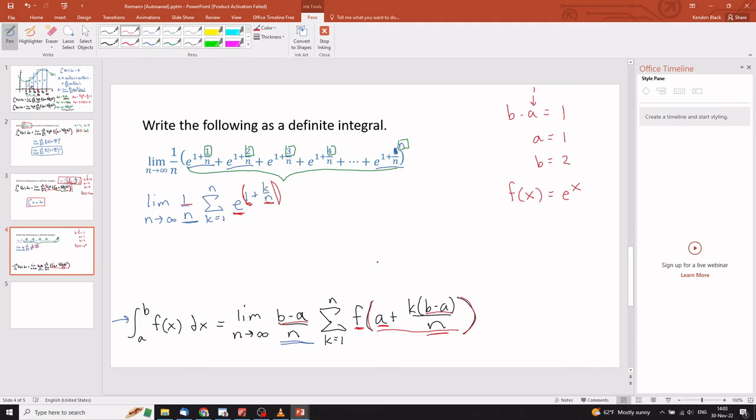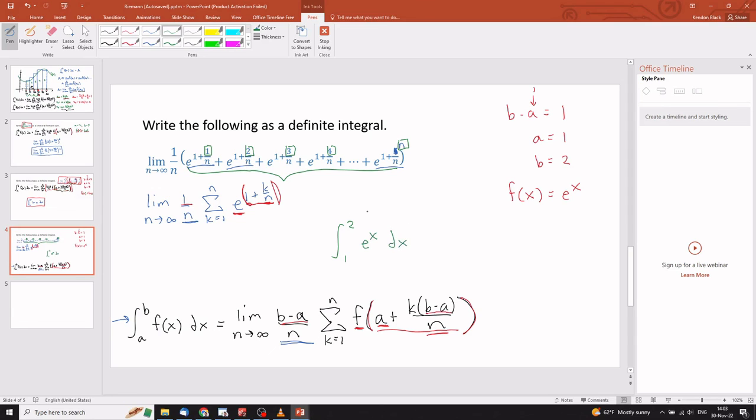Okay, so the formula says the function has these arguments. So if it's e to the x and we use these arguments, we get e to the 1 plus k over n. So this all seems to match up, and now that we have a and b and f of x, we should be able to write the definite integral. So we have the integral from 1 to 2 of e to the x dx.